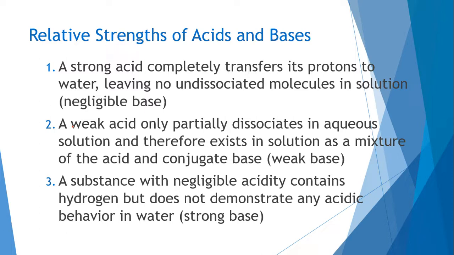If I have a weak acid, it only partially dissociates, or splits, in a solution, and therefore its conjugate is going to be a weak base. And if a substance has negligible acidity, which means it barely has any acid to it, the hydrogen is not going to dissociate, and so you are going to have a strong base.